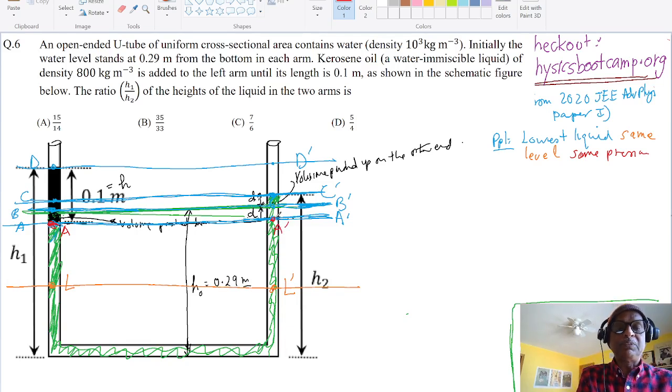If you equate the pressures of these two, you will get a condition. So PA equals PA prime. What does it become?